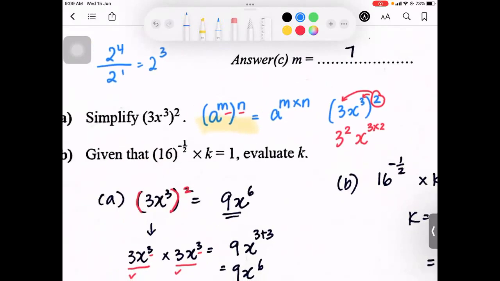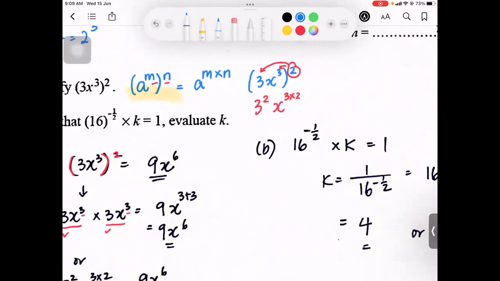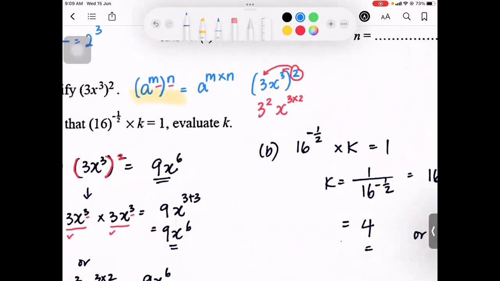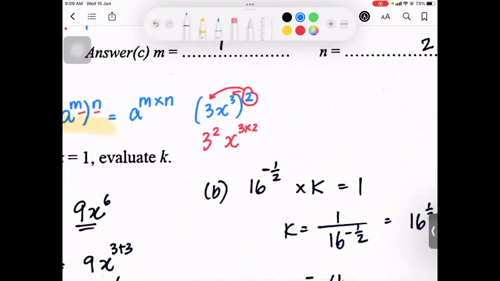Next question. Given that 16 to the power of negative half, right, times k equals 1. Now, first thing to take note, what is a to the power of negative 1? A to the power negative 1 is the reciprocal, meaning 1 over a. 1 divided by something.